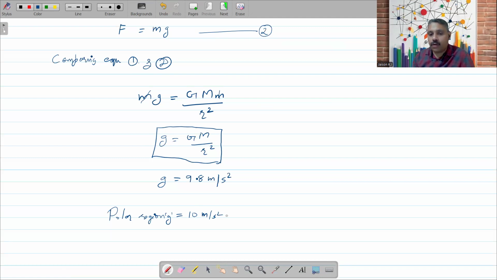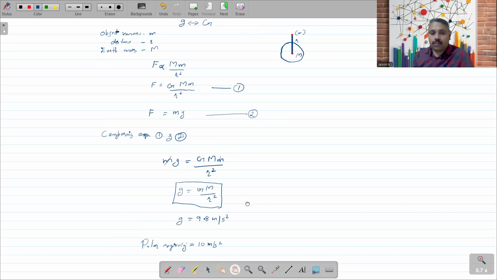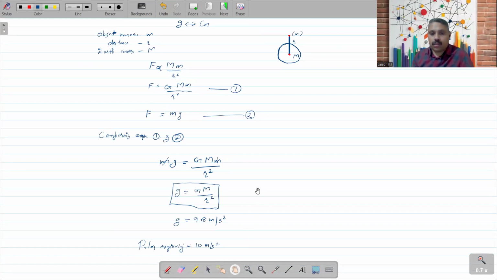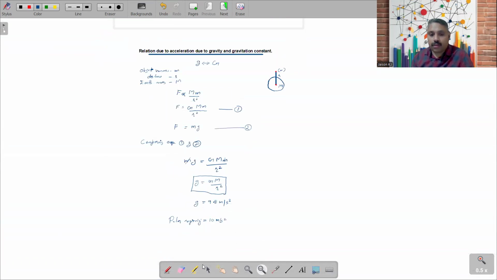At the polar region, the acceleration due to gravity is 10 meter per second square. So this is the relationship between acceleration due to gravity and the gravitational constant.